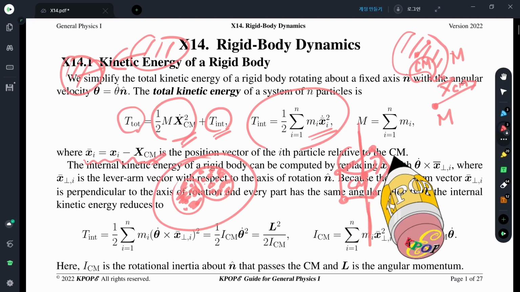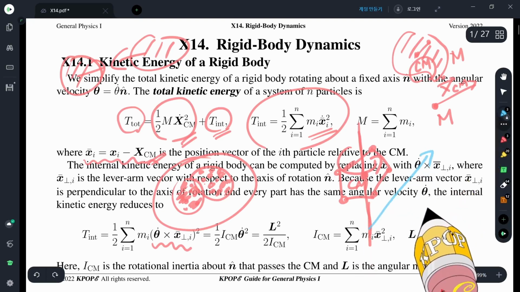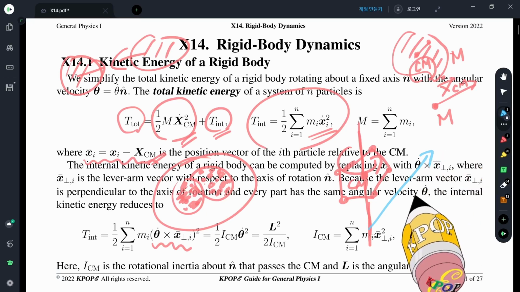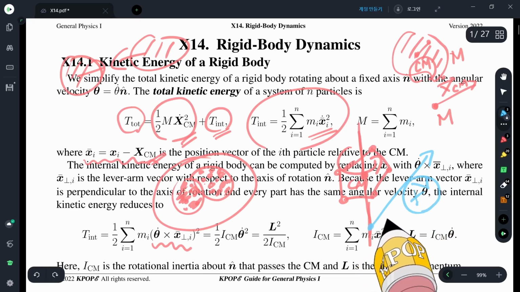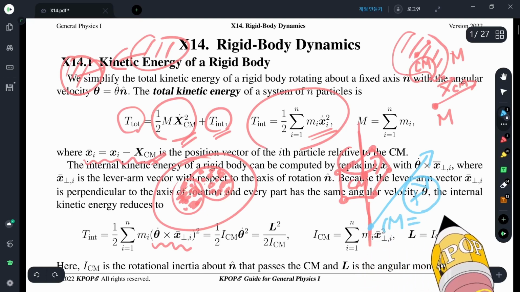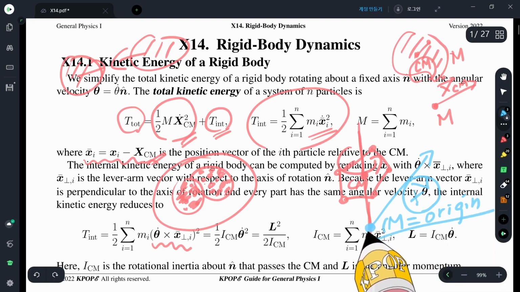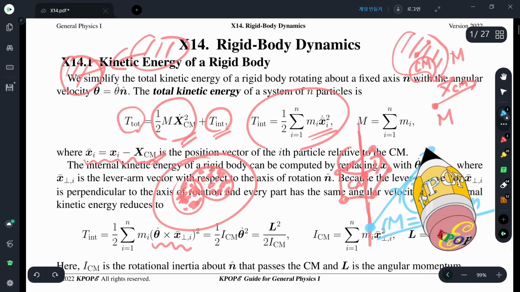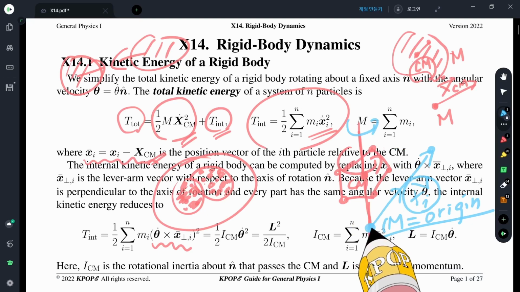In that case, the velocity is expressed by making use of the Rodrigues rotation formula for finite rotation, fixed at the CM. The origin is the CM. Relative to the CM, there is a position x of each particle, and it rotates about the axis passing through the center of mass.